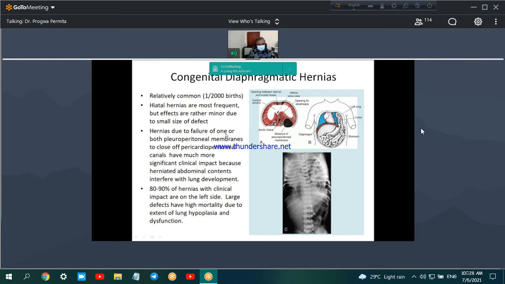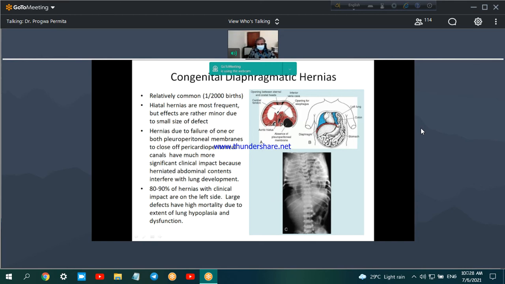Hernias due to failure of one or both pleuroperitoneal membranes to close off the pericardio-peritoneal canals have much more significant clinical impact because herniated abdominal contents interfere with lung development. 80 to 90% of hernias with clinical impact are on the left side.